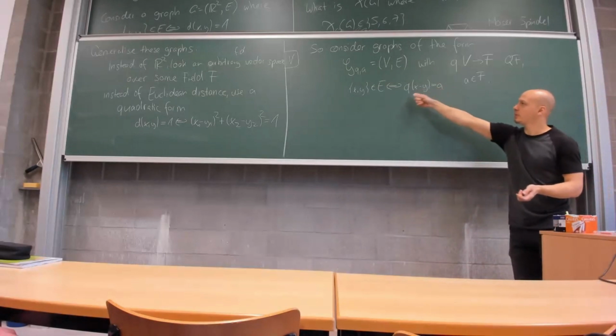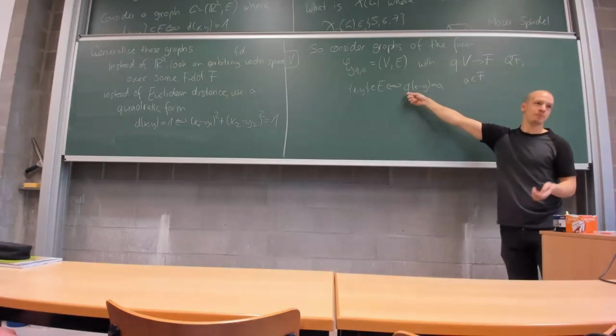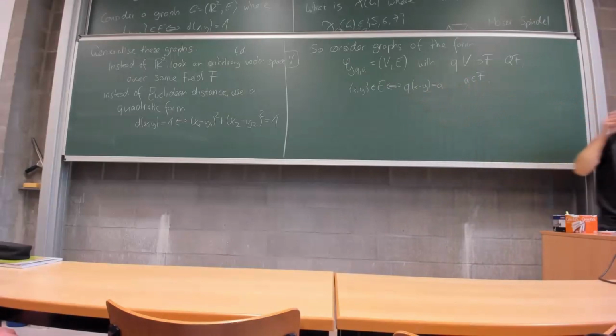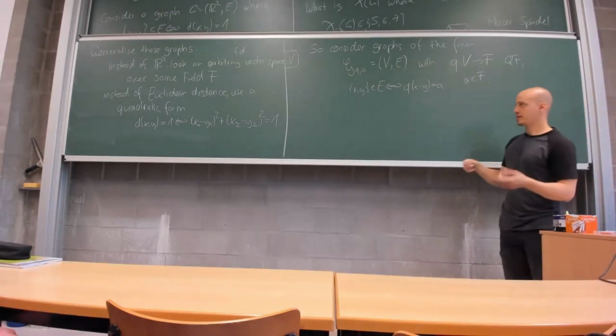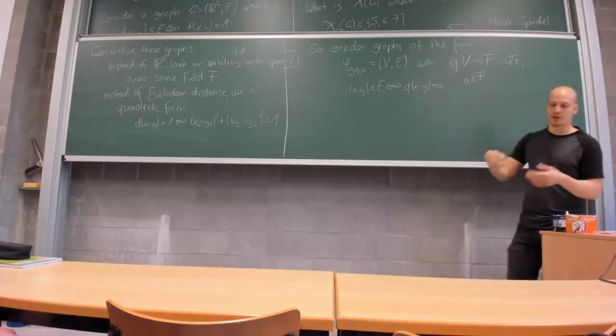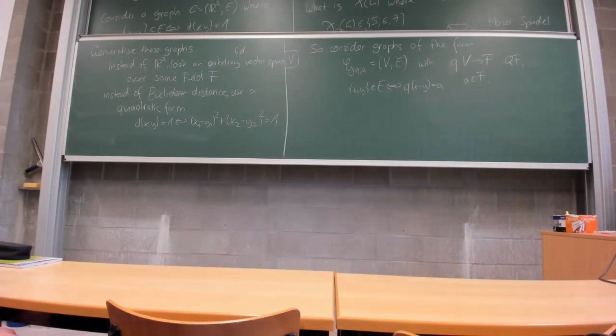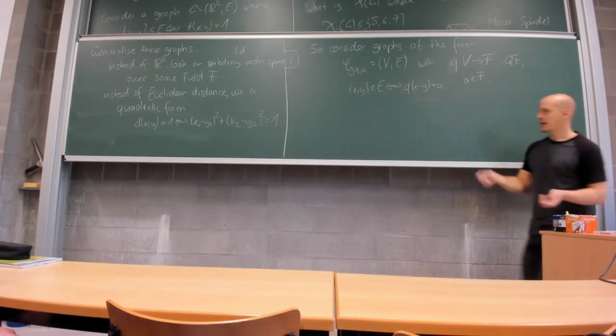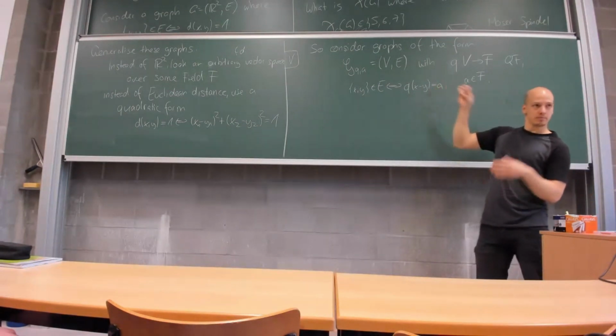Of course, you can adapt when you are first given a quadratic form. The idea was we fix a quadratic form and look at all the graphs that can occur for this quadratic form. So then it may depend on the A.